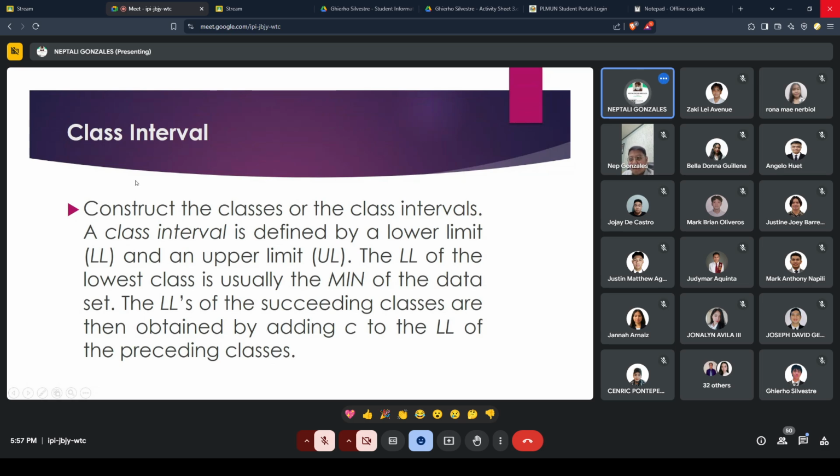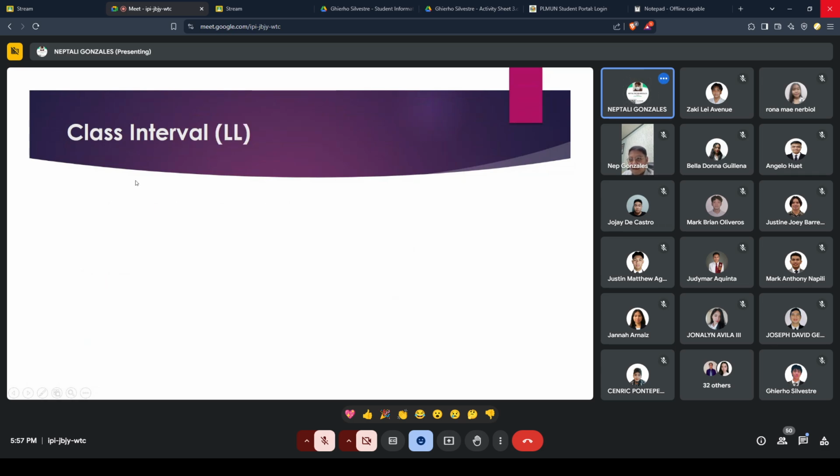So first is the class interval lower limit. We will do first the lower limit. By the definition of the lower limit of the class interval, you have to identify what is the minimum value. And in this case, the minimum value is equal to 27.